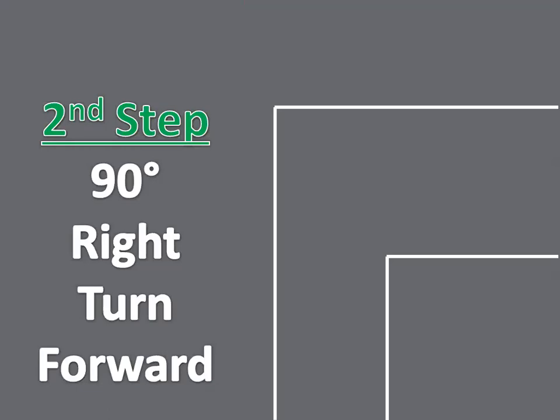The second step now is the 90 degrees right angle turn forward. The candidate will be asked to drive forward and make a right turn around a cone or line or marker. The rear wheel should come as close to the cone or marker as possible without touching it.